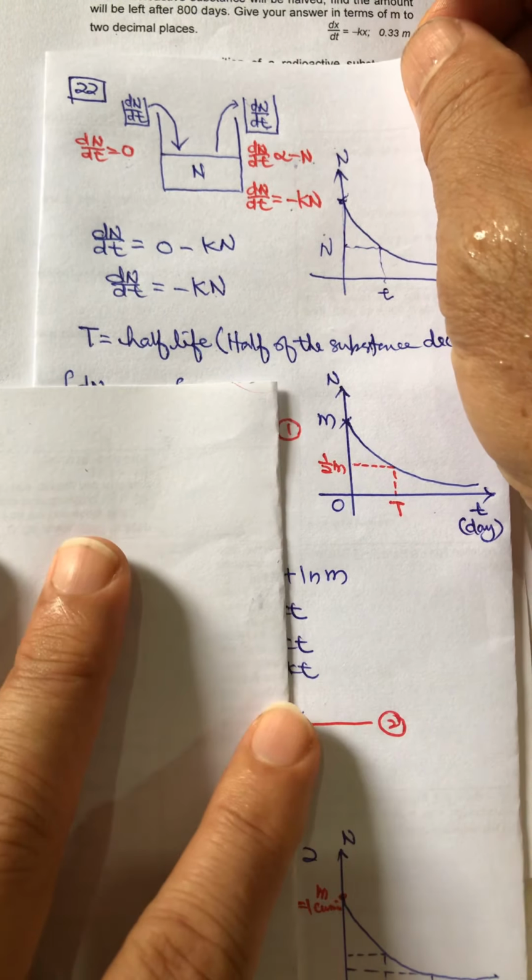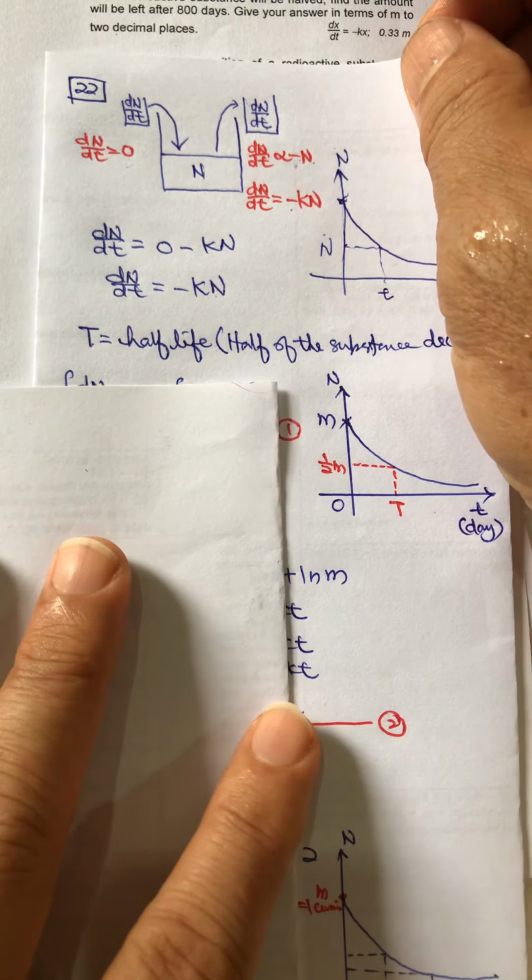That's why you see I integrate first, and then like just now, I substitute t equal to 0, n equal to m, and I get the c. Then I substitute c inside here to get a particular solution. I simplify it first, and finally I get n equal to this.